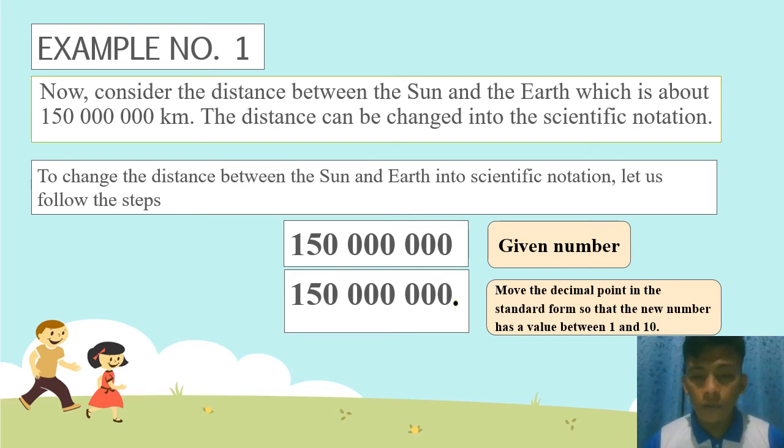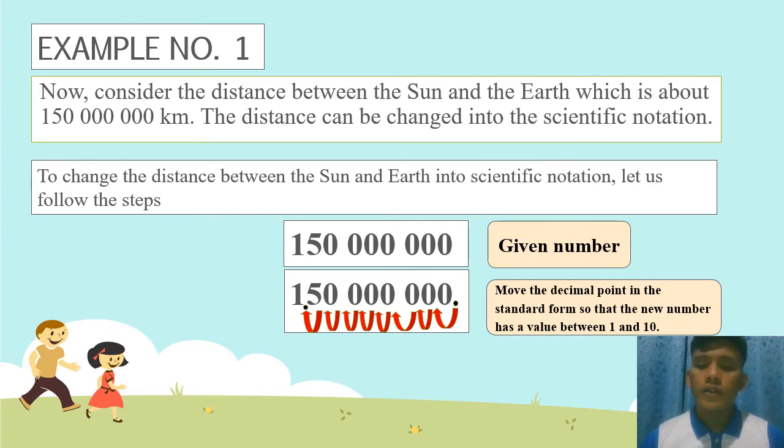Will it be moved to the left or right? You will move to the left. 1, 2, 3, 4, 5, 6, 7, 8. Because 1.5 is between 1 and 10, we will stop the decimal point from there.